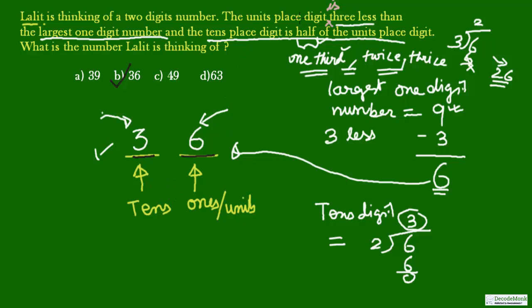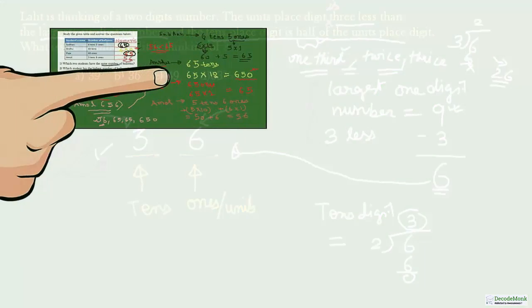Now read the next line, that the units place digit is 3 less than the largest one digit number. You solve that and then get on to the next line, which says the tens digit is half of the units place digit. If you solve such questions stepwise, reading line by line, you will be able to arrive at the right answer, and practice more and more to get better confidence for solving such questions.